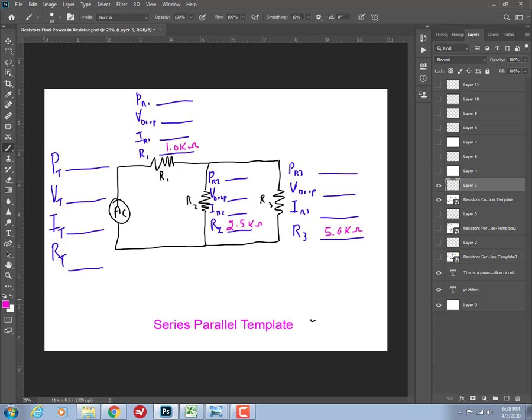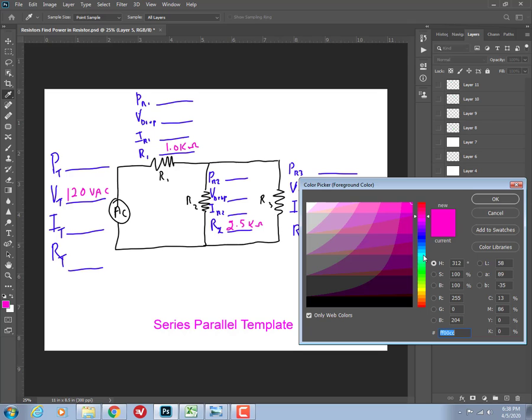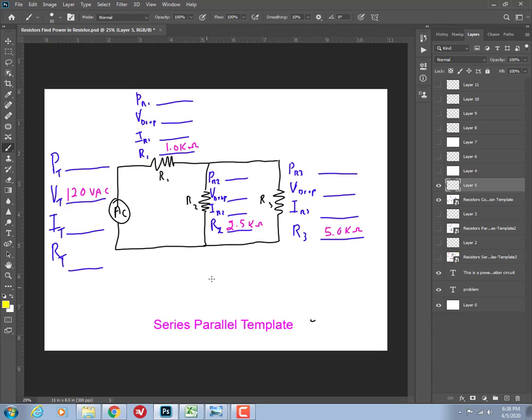It also gave us a voltage source of 120 volts AC. And we are to find the power in R2. So that would be this one right there.